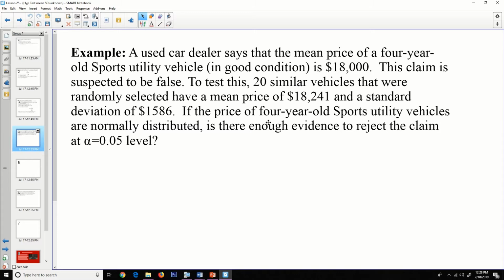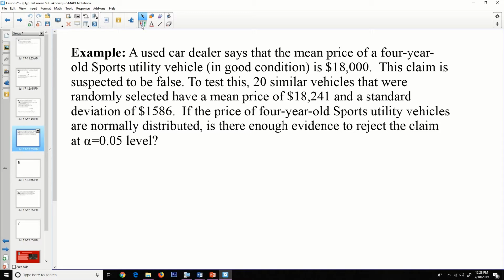If the prices of 4-year-old sports utility vehicles are normally distributed, is there enough evidence to reject the claim at the 0.05 level?